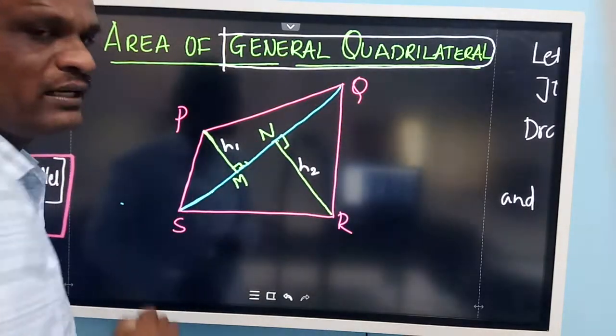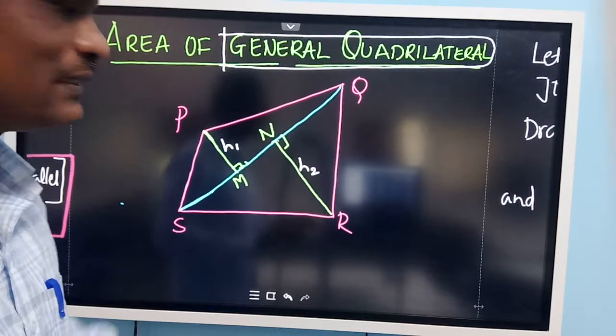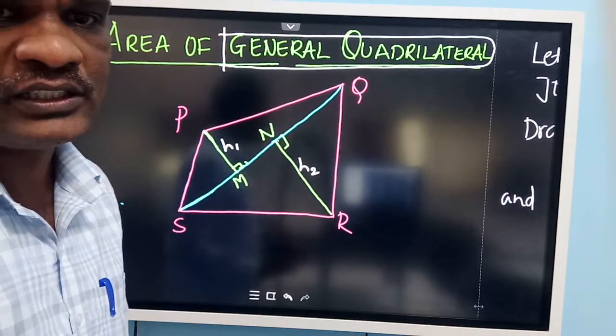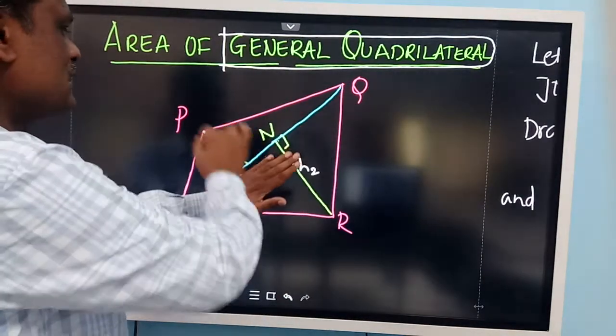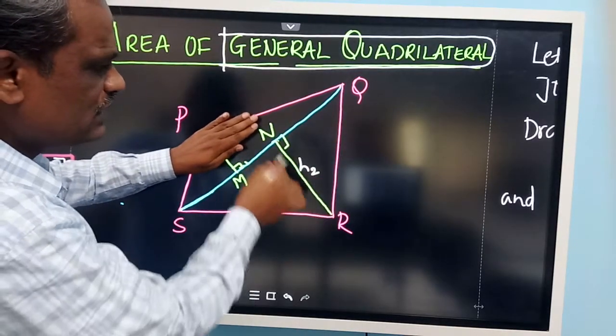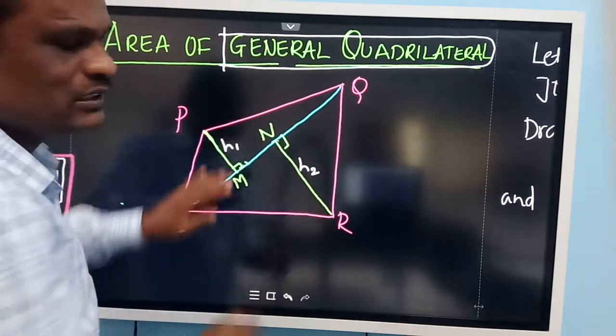This blue color line is dividing the quadrilateral into 2 triangles. So I want to find out the area of this triangle. I want altitude because half into base into height. This I will take as base and this will be height. Now come to this another triangle. This is a perpendicular line, altitude, and this I will take as a base.